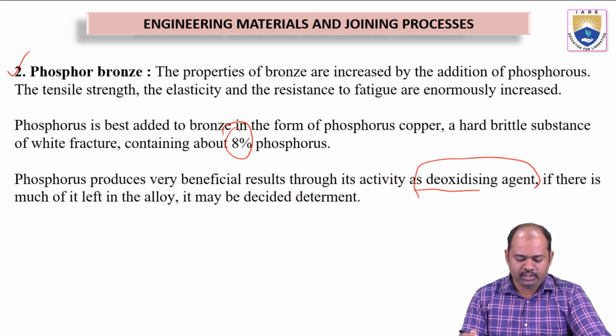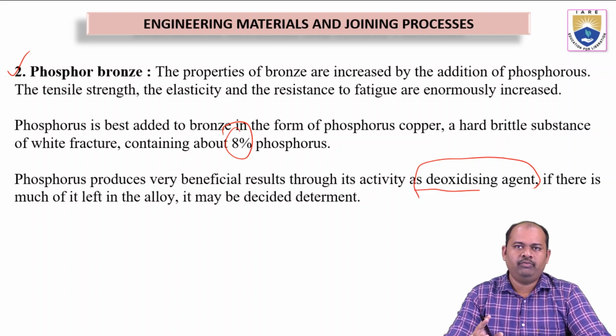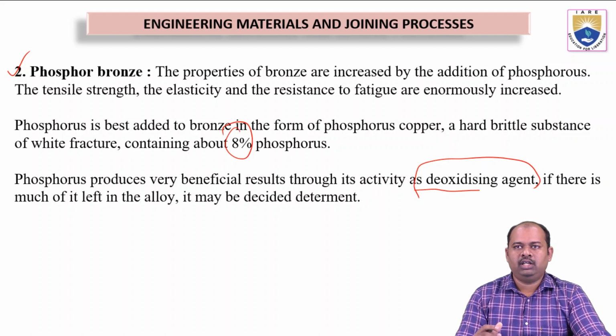Any phosphorus left in the alloy may be determined. So when we add 8% of phosphorus into the copper metal, it improves the oxidation and corrosion property, so it won't corrode easily, and the remaining phosphorus can be removed easily.